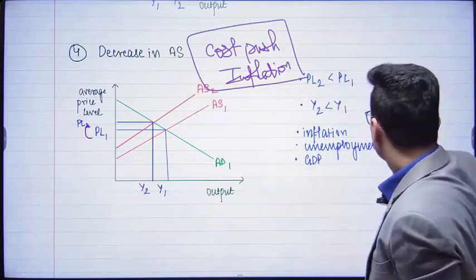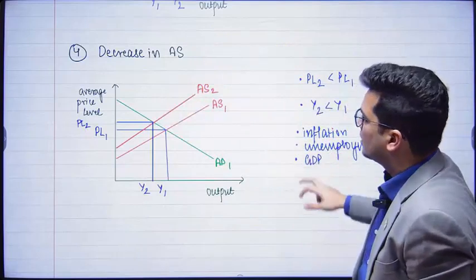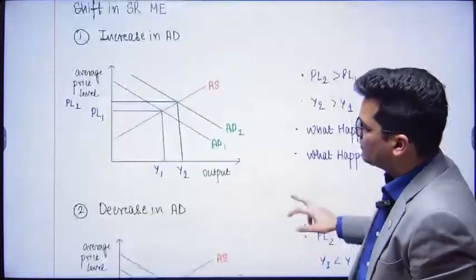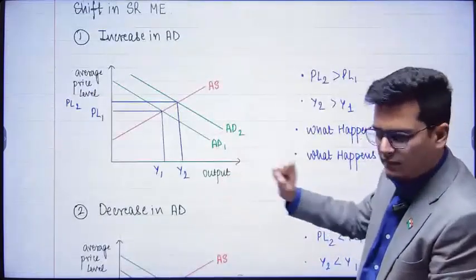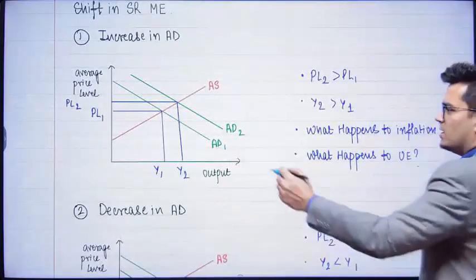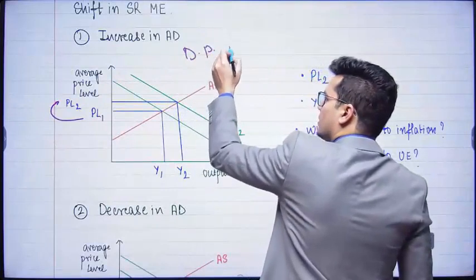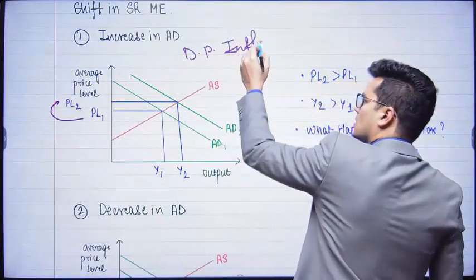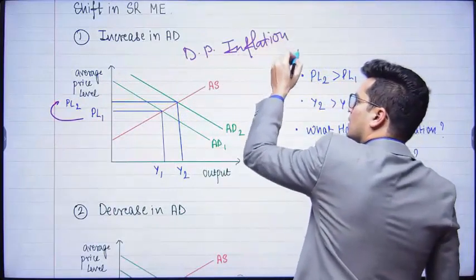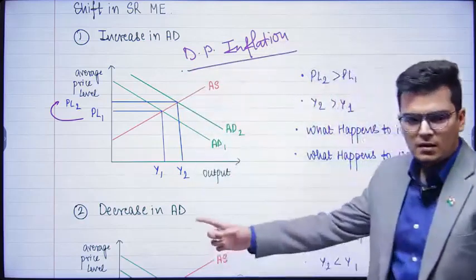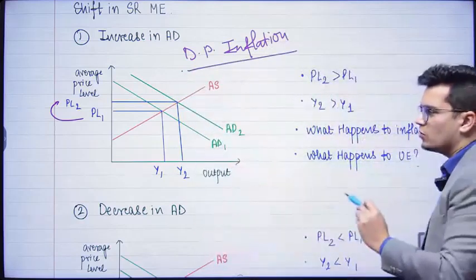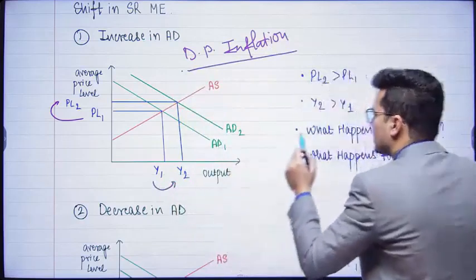ठीक है? अब अगर मैं इस ग्राफ को देखूं, if I look at this graph, this is demand pull inflation happening. In terms of inflation, this is demand pull inflation. But now let me look at it in terms of growth. There is increase in growth.